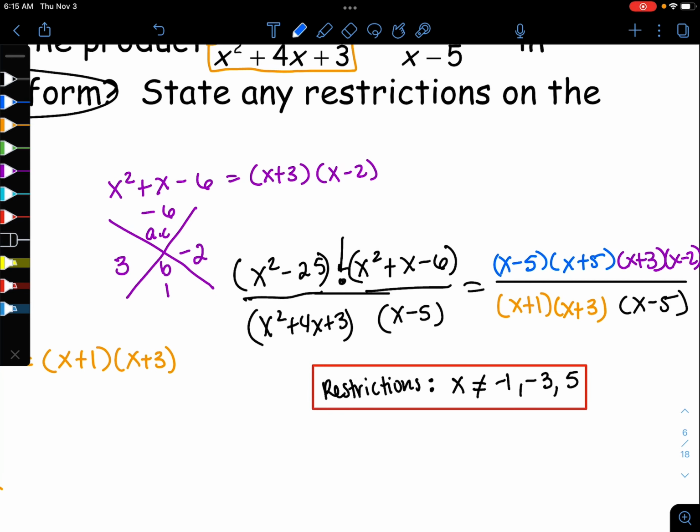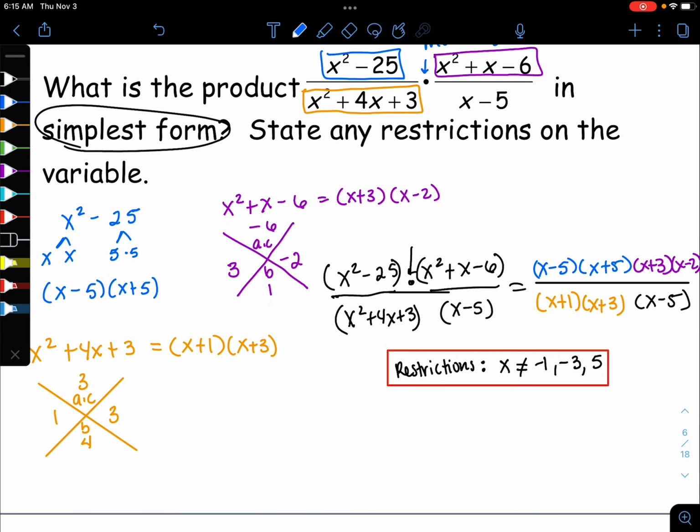Now we are going to simplify. So find the simplest form. Let's cancel out the ones that they have in common. X minus 5, x plus 3, and I think that's it. So my simplest form is, not done yet, x plus 5 times x minus 2 over x plus 1.